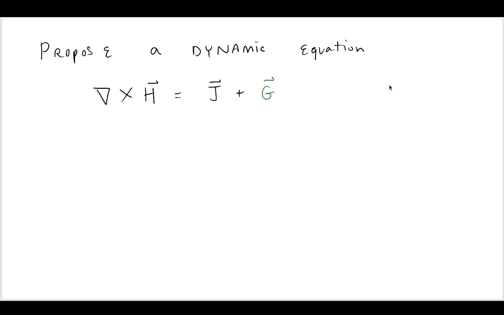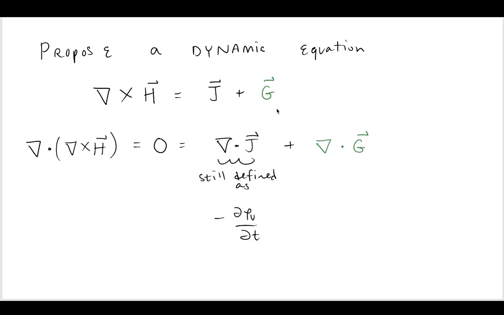So we'll propose a dynamic equation, which is Ampere's equation plus another term g. And we'll see what this g term is, and that it's the same as what we got in approach 1. So let's take the divergence of both sides now with our new placeholder g. We still have the divergence of J defined as the negative partial derivative of the charge density.